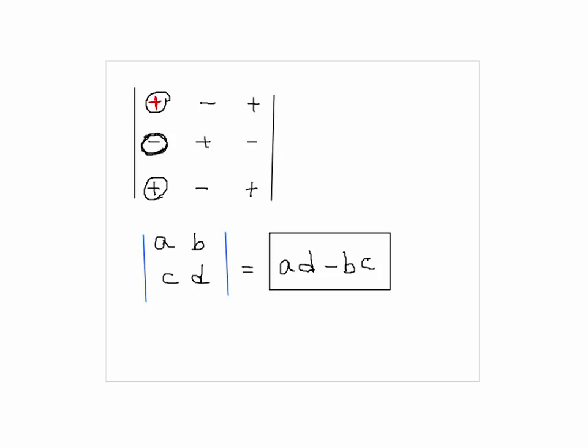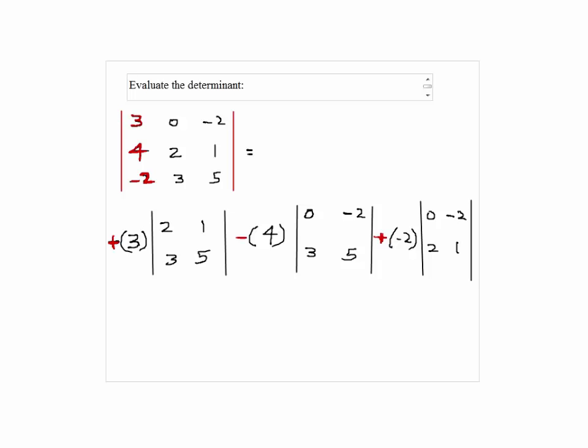Okay. So over here, to evaluate the matrix determinant, that would be 2 times 5 minus 1 times 3. And the whole thing should be multiplied by 3 later.